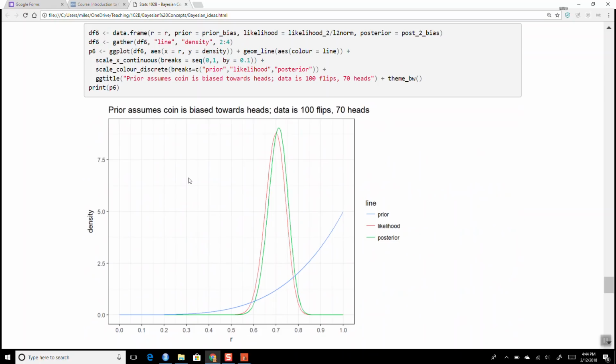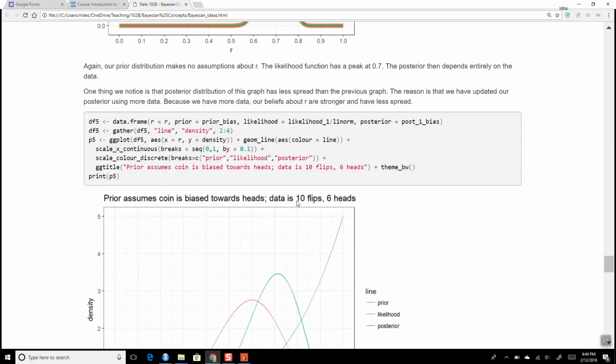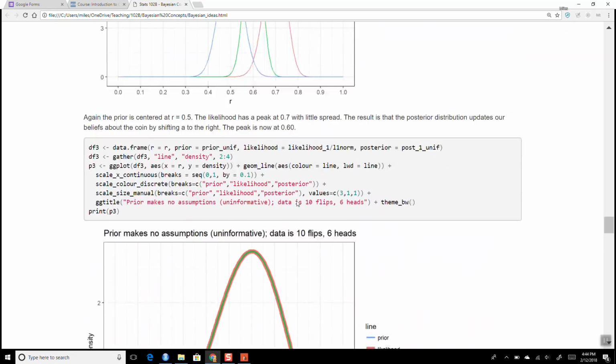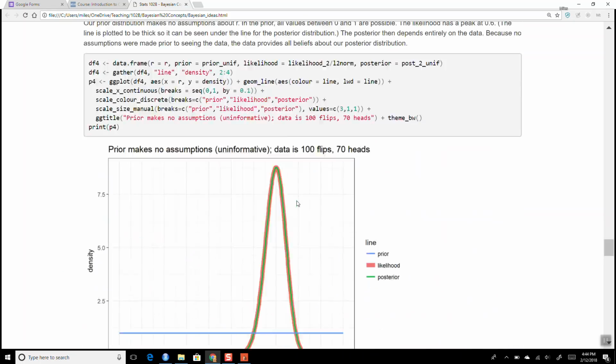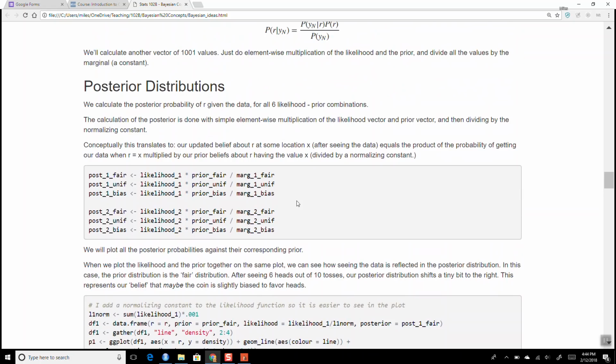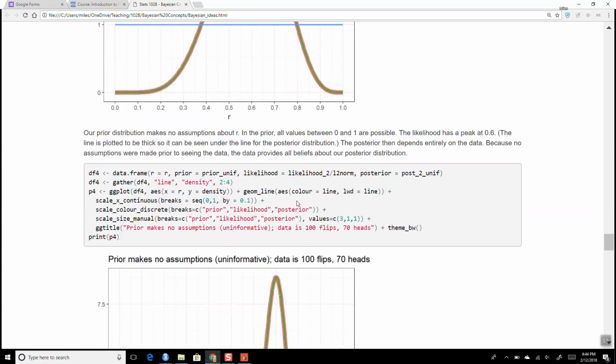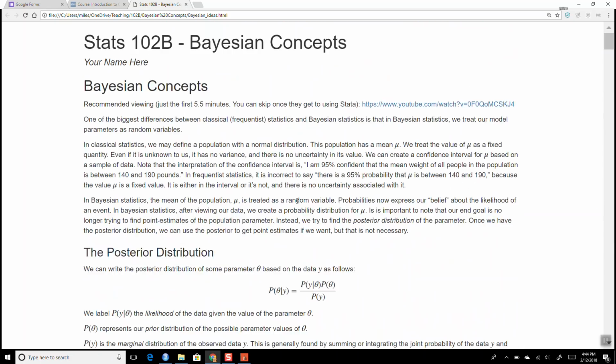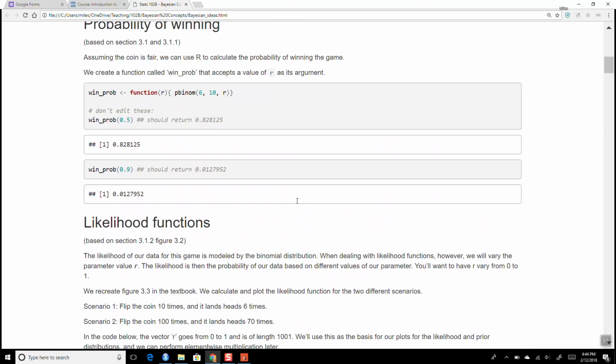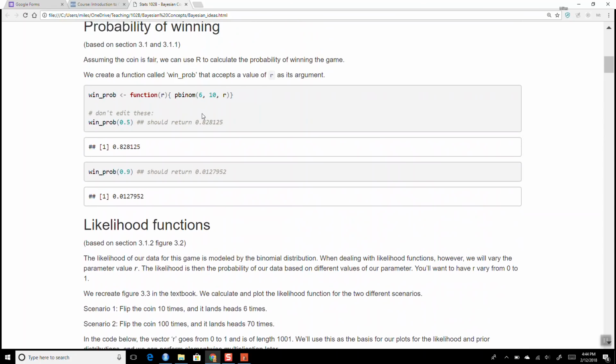Okay, so once we have our posterior distribution, which is the line in green that appears in each of these plots, we can then go back and answer our original question, which is, what is the probability of winning the game? At the very beginning, we asked what's the probability I get 6 heads out of 10 flips. We said if the coin had a probability of 0.5, we would have this probability.